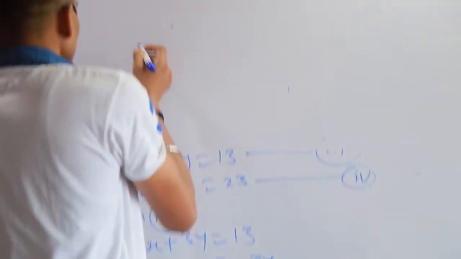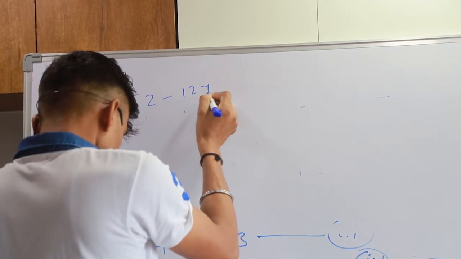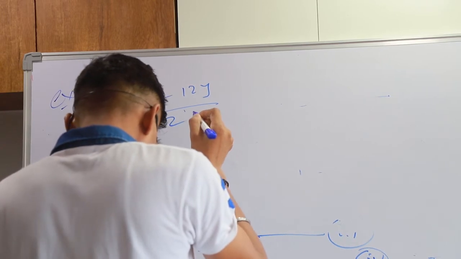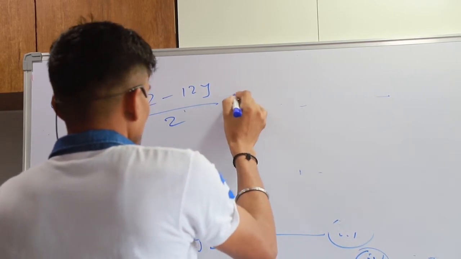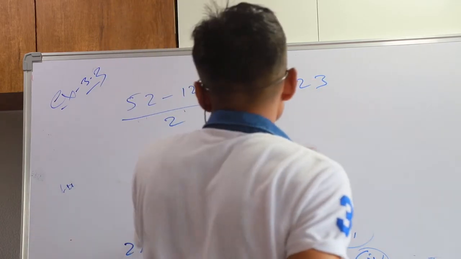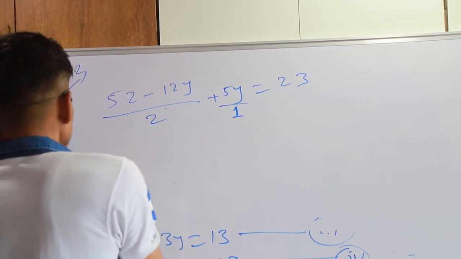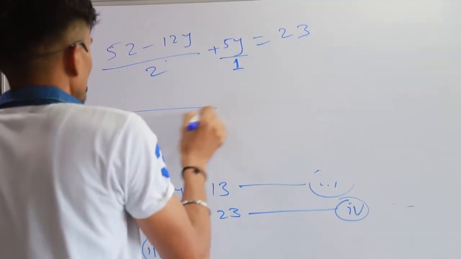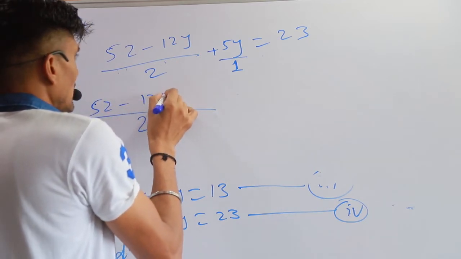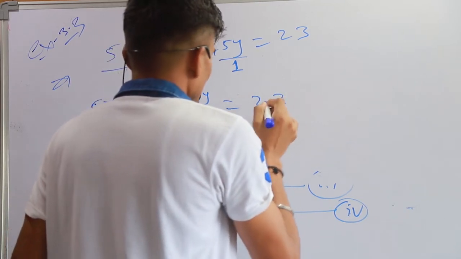That means 52 minus 12y by 2 plus 5y equal to 23. Now here, that means denominator is 1 here. That means the LCM of the 1 and 2 will be always 2. That means 52 minus 12y plus 10y equal to 23.